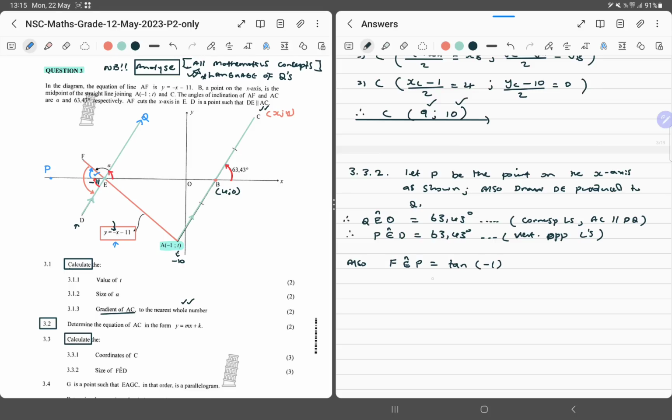Now we're just going to take that negative angle here, so we don't need to correct for that situation, because they're going to give us a negative angle. So we're going to have shift tan of -1.